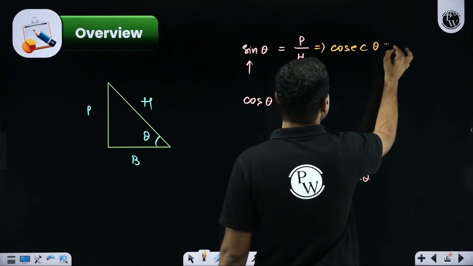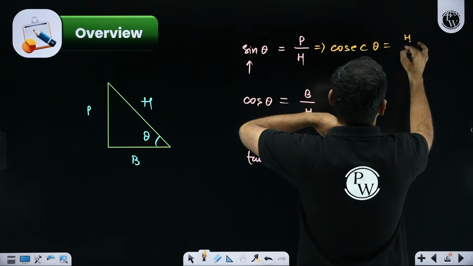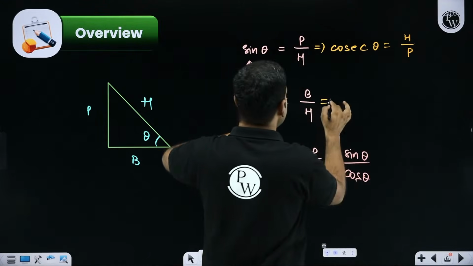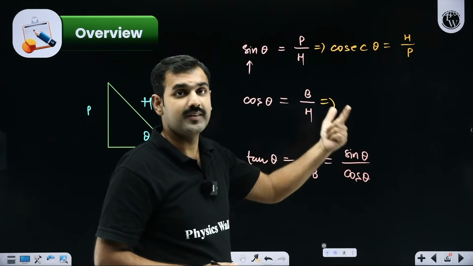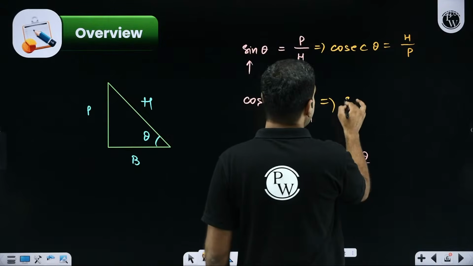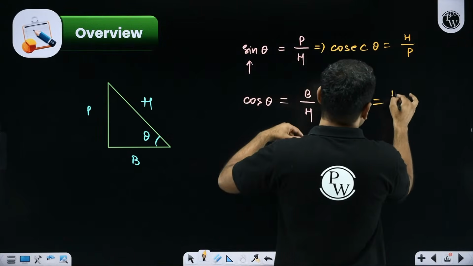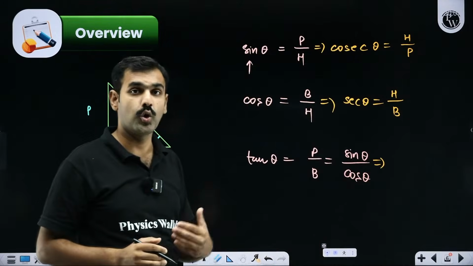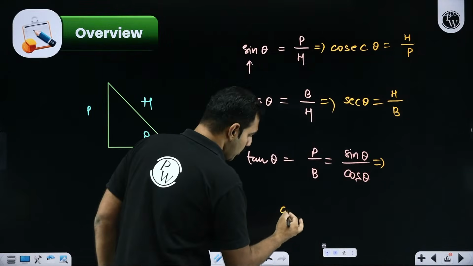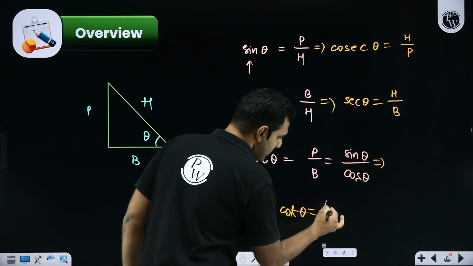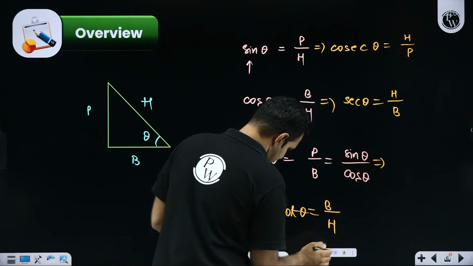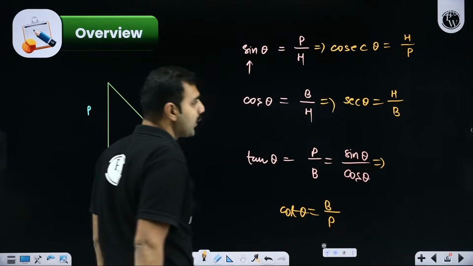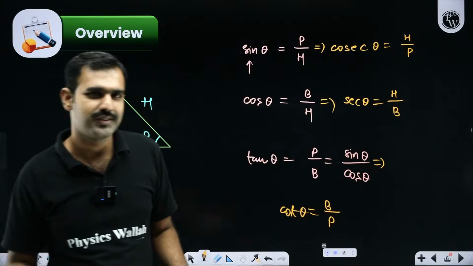So cosec theta is h upon P. Similarly, if there is cos, its reciprocal is sec, so sec theta is h upon B. And if you have tan, its reciprocal is cotangent, cot. So cot theta is B upon P. Any queries, confusions? I hope this is easy, direct, straightforward.